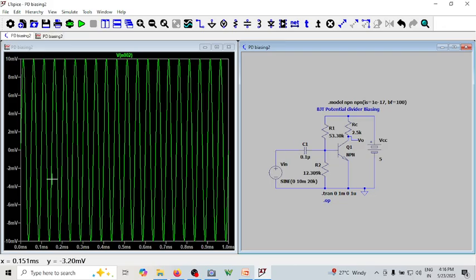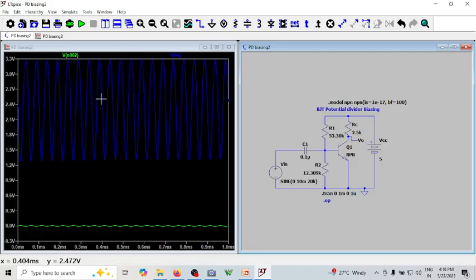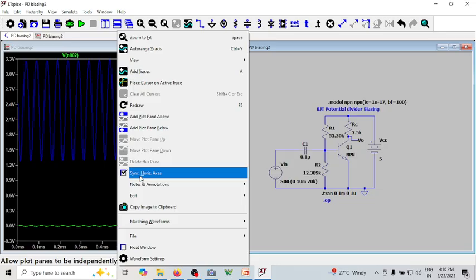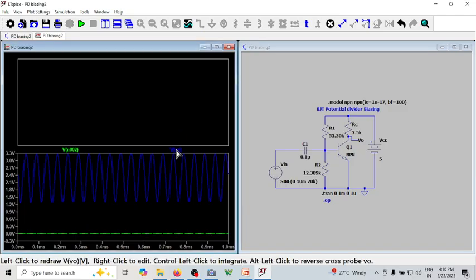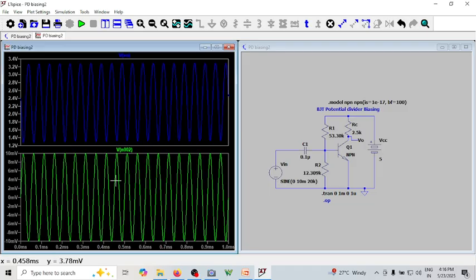You can see 10 millivolt peak and minus 10 millivolt here, and this is the output voltage over here. Let me separate them. When I separate it out, let me add a pin above, and take the output here. This is output and this is input.